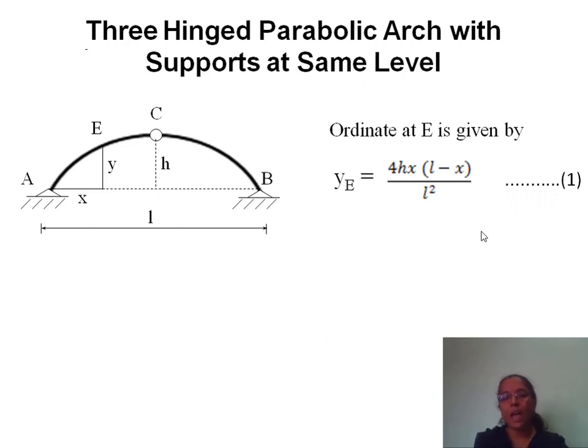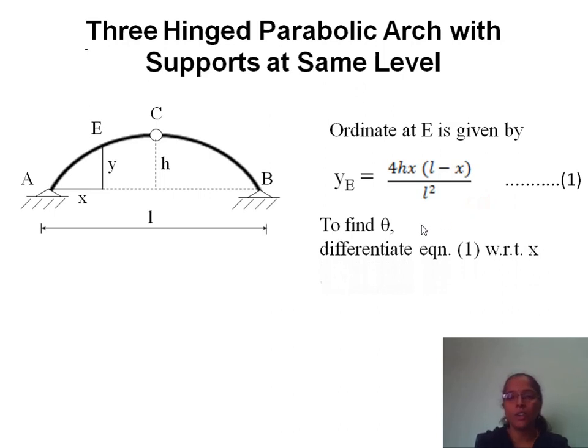To find the angle theta, which we use in the case of normal thrust and radial shear, in circular arches we used to find sin theta as the ratio x by r. Whereas in parabolic arches, to find theta, y is differentiated with respect to x, that is, differentiate equation 1 with respect to x.